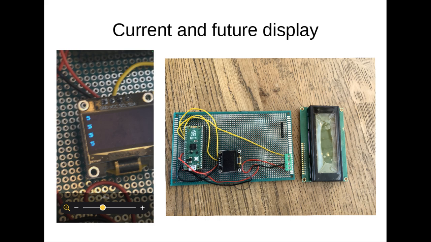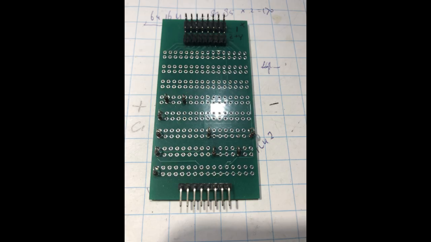Then I have some shots of the screen I used, which is an SSD1306, I believe, and it's really too small, so next to it you see my future screen, which is a decent LCD screen. Next time we will continue with the program board, the ROM, and the way I program this computer.